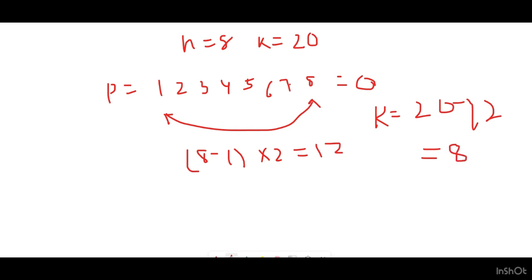Now we have swapped 8 with 1. Now we will find the next maximum that we can subtract from k. So the next maximum will be obtained when we swap 7 with 2.